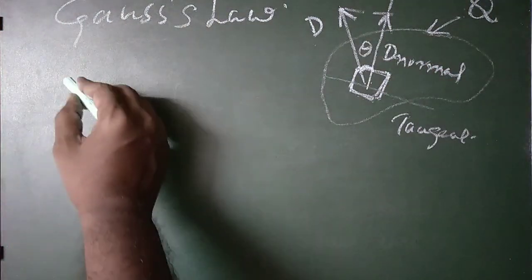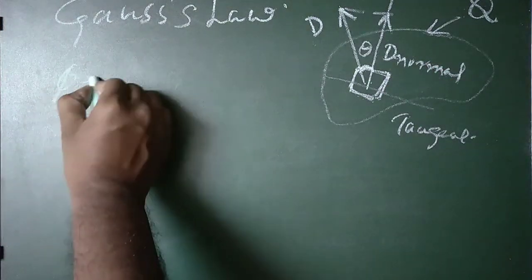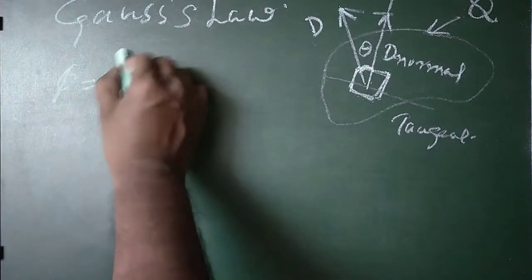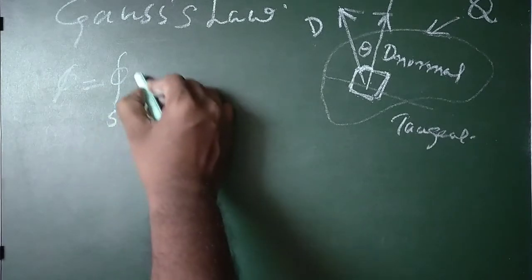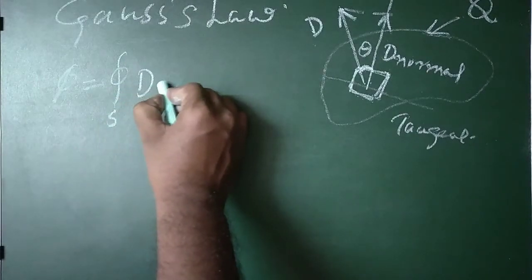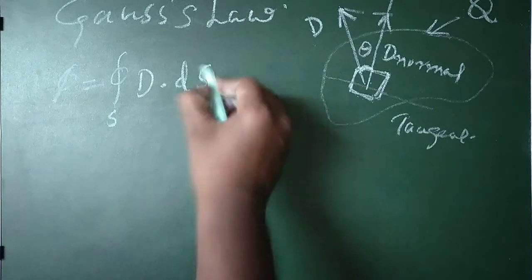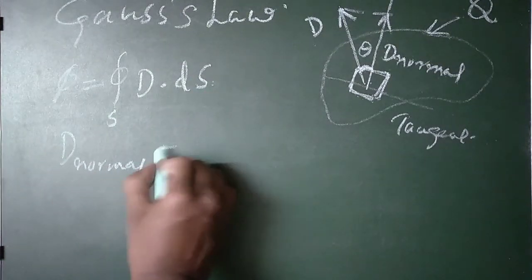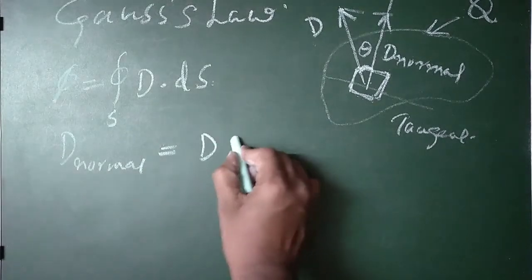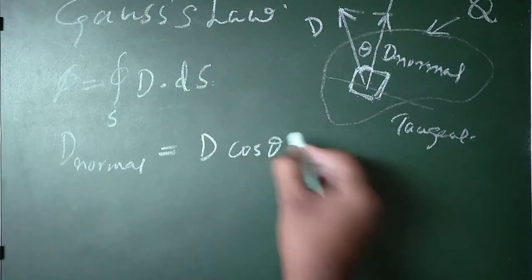Gauss law mathematical representation: flux equals closed surface flux density D dot dS. D normal is equal to D cos theta.